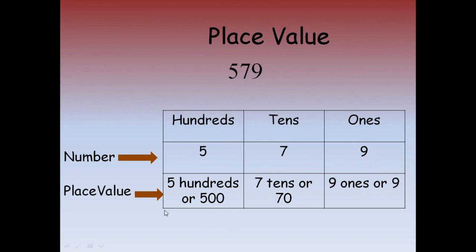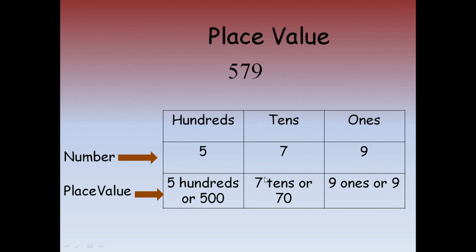Now let us see the place value of the digit in the number. As the number 5 is written in the hundreds column, it means there are 5 hundreds and its place value is 500.